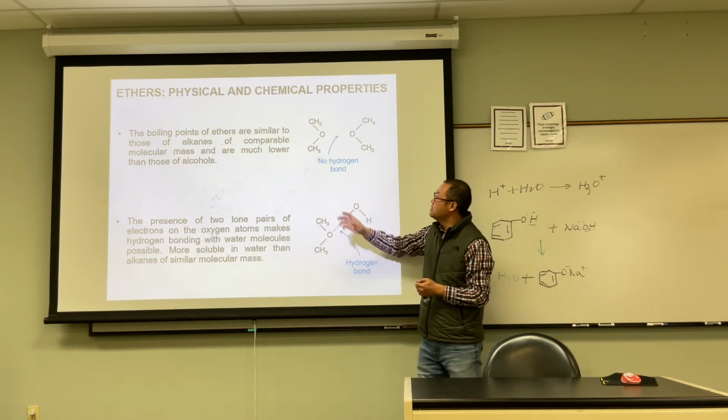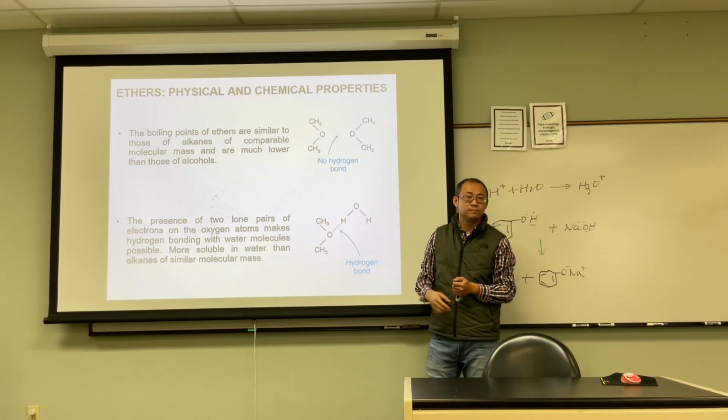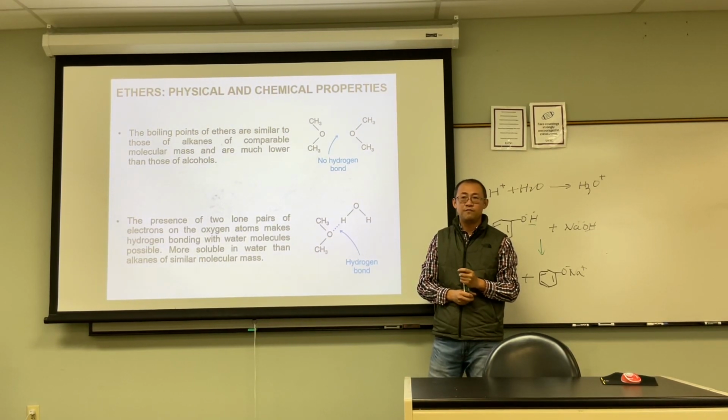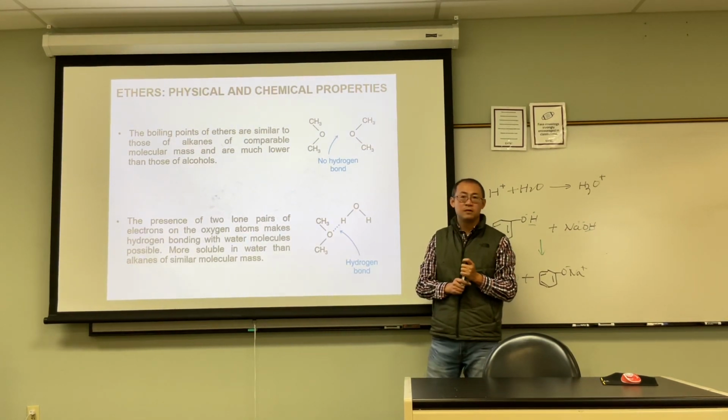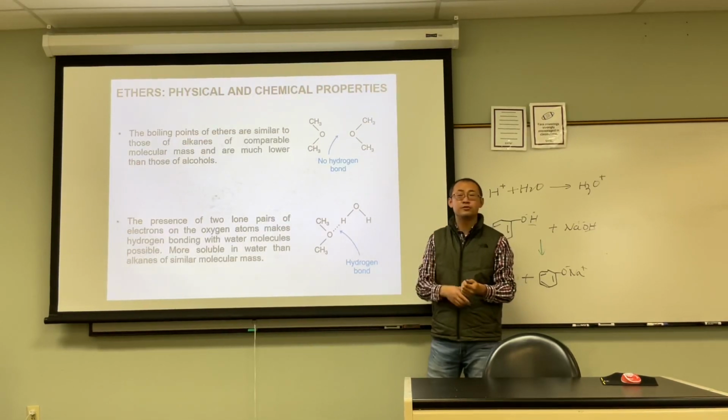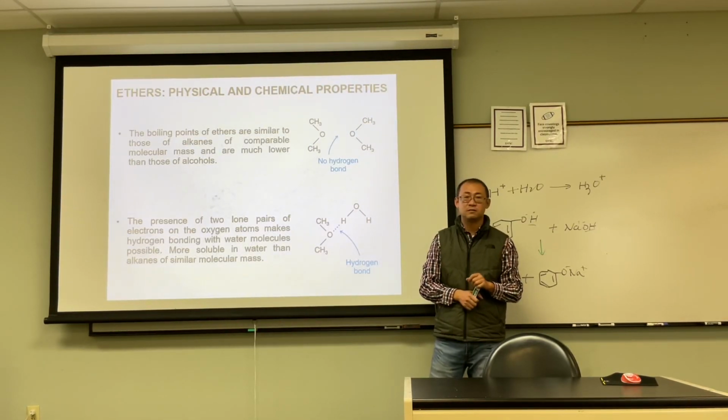Because of that, the interactions between the ether molecules are very weak. So the boiling point of ether is very low, very similar to hydrocarbons. Ethers are very volatile too.